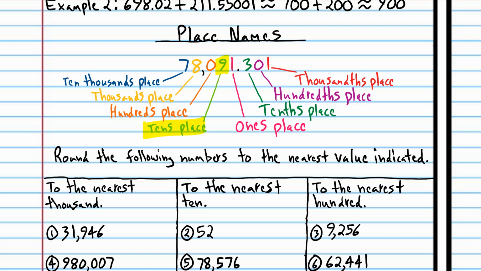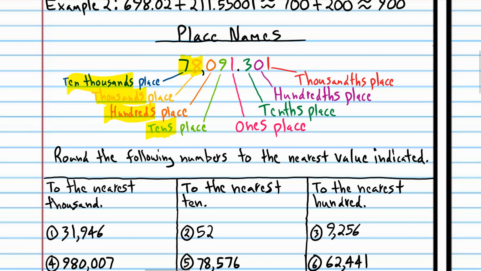Now you're in the tens place. Then you take the number in the tens place, or not the actual number, but just the place name, 10, and you multiply it by 10 again, and you get 100. And you take 100 and you multiply it by 10, and you get 1,000. That's this place. And you multiply 1,000 by 10, and you get 10,000.